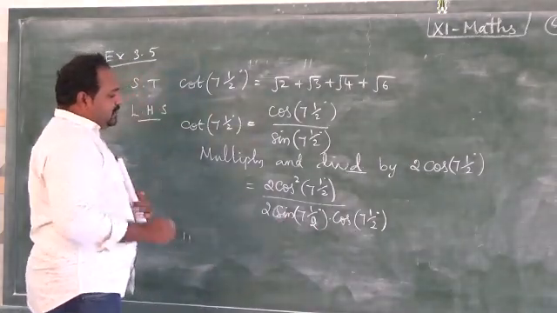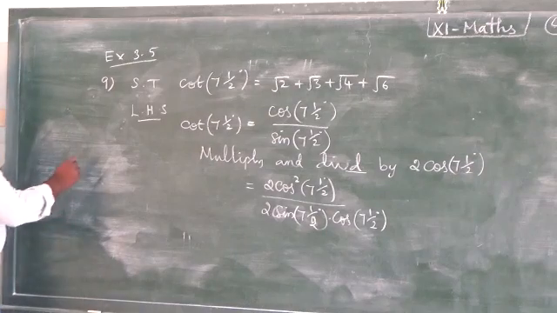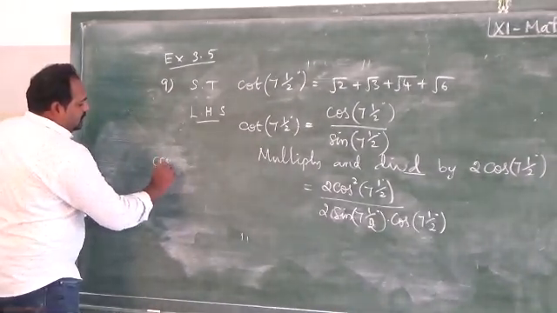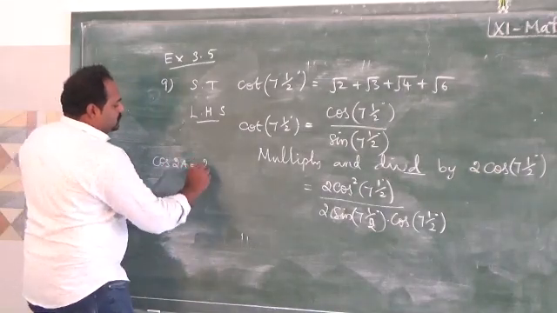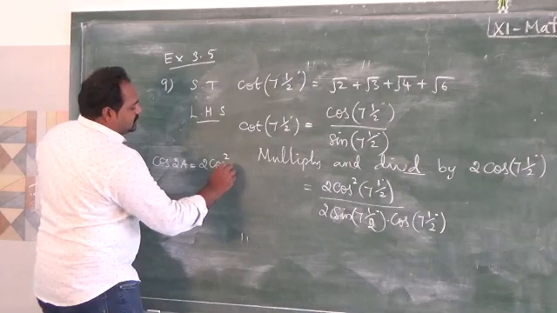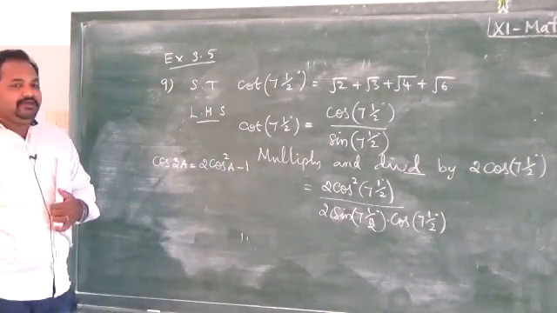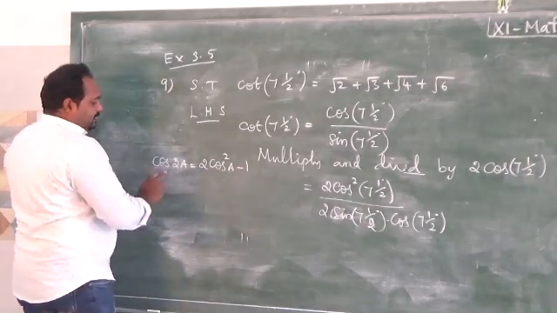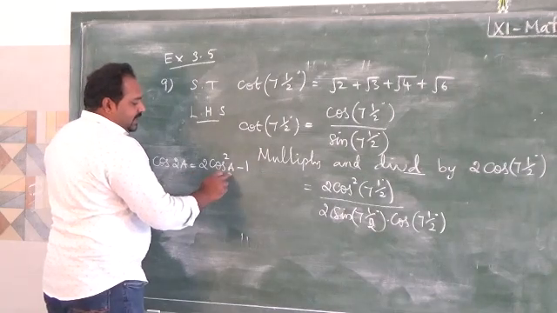Now I am going to use some identities here to simplify the steps. Here we know the cos 2a formula: 2 cos square a minus 1. We have 4 formulas for cos 2a, and I am taking cos 2a equal to 2 cos square a minus 1.